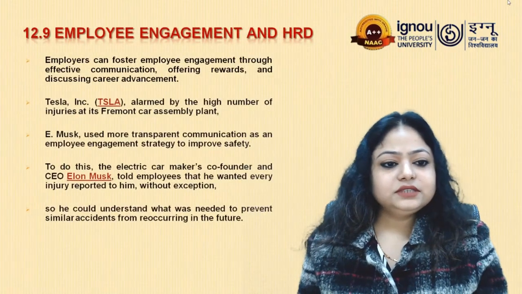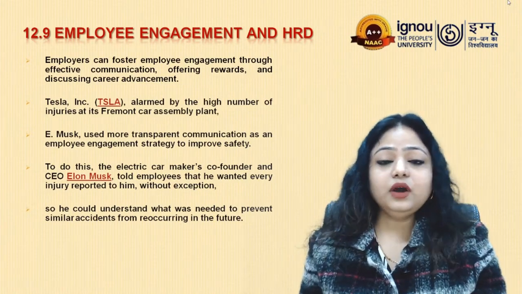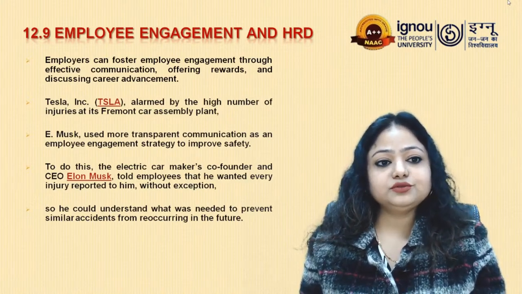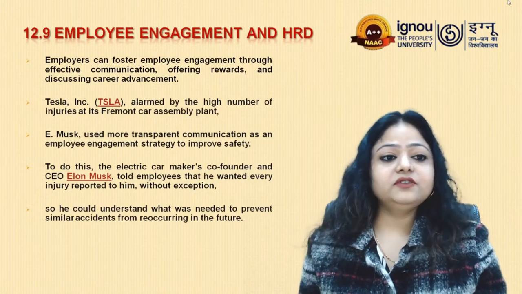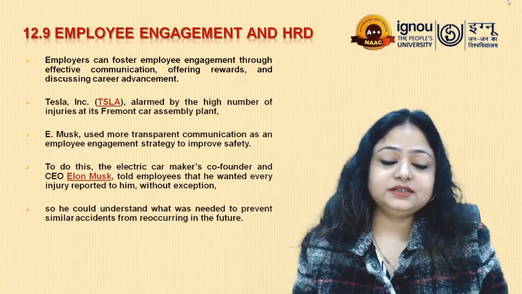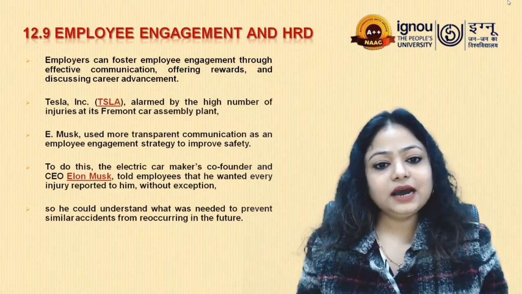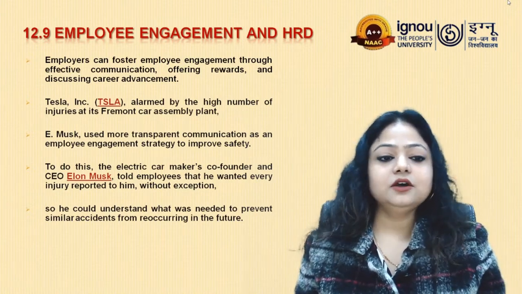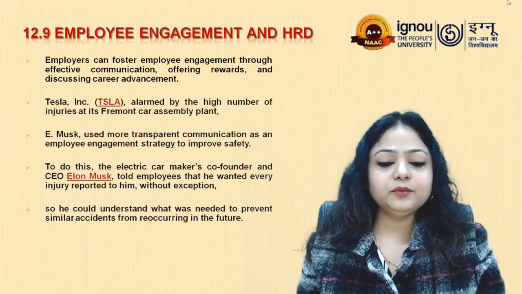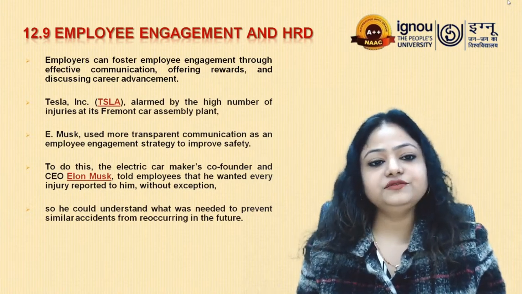Now, another thing which we can see as an example is that employers, managers, CEOs or leaders can foster employee engagement through effective communication, by offering rewards and discussing career development of the employee. We take the example of Tesla Inc. Here, Tesla's CEO, alarmed by the high number of injuries at his Fremont car assembly plant, Elon Musk used more transparent communication as an employee engagement strategy to improve safety.